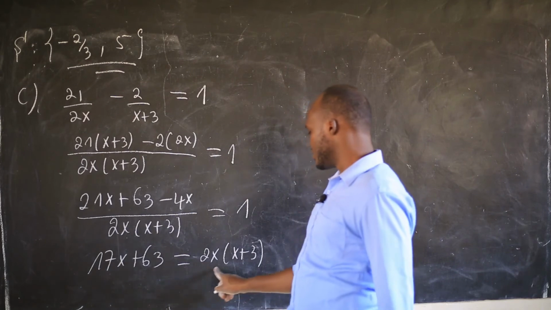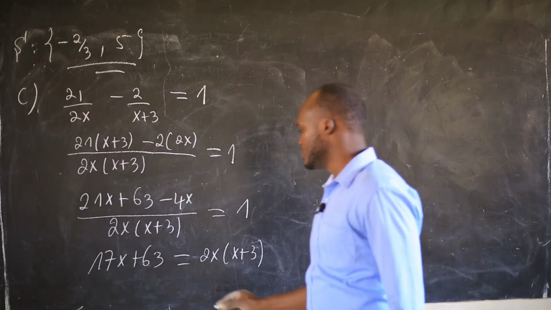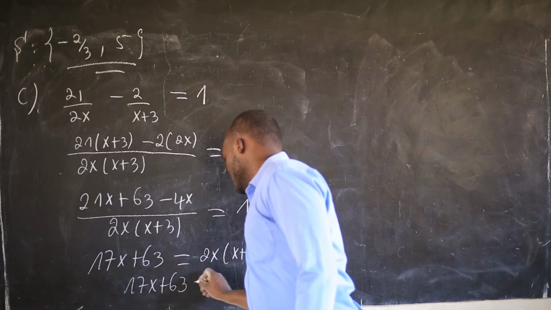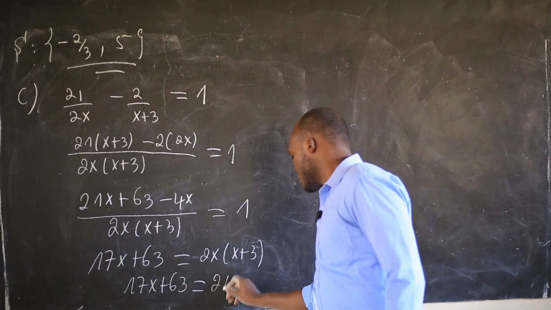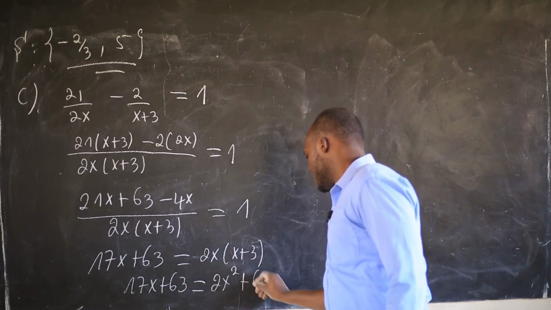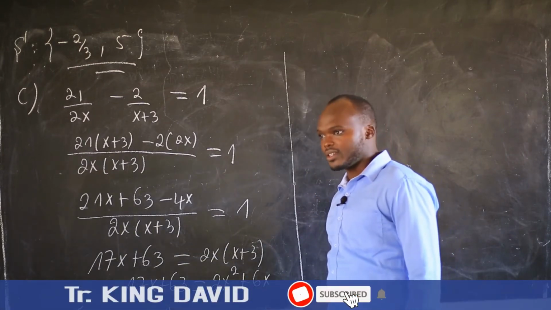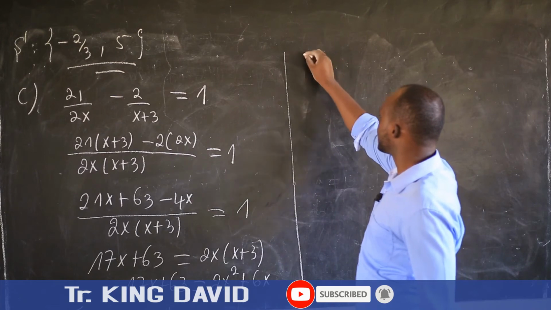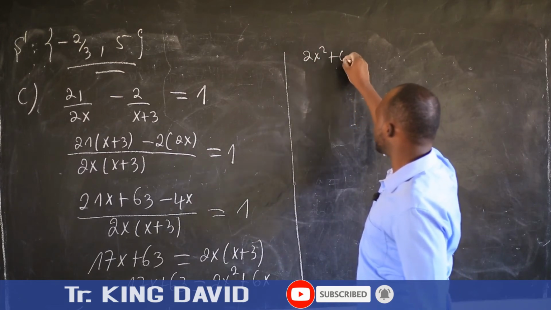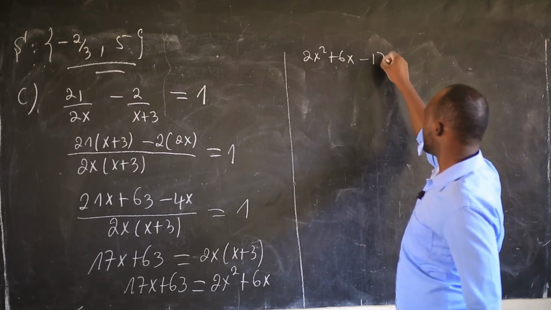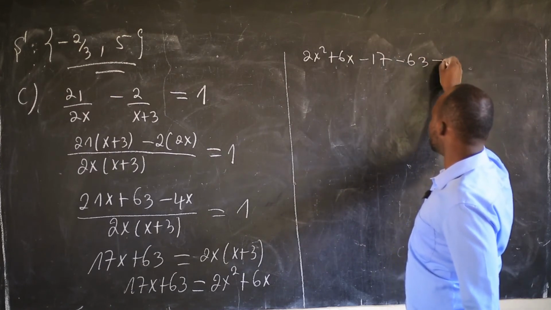We just expand this one. It will be 17x plus 63 equal to 2x squared plus 6x. So now we bring it into quadratic form, which is 2x squared plus 6x minus 17x minus 63 equal to 0.